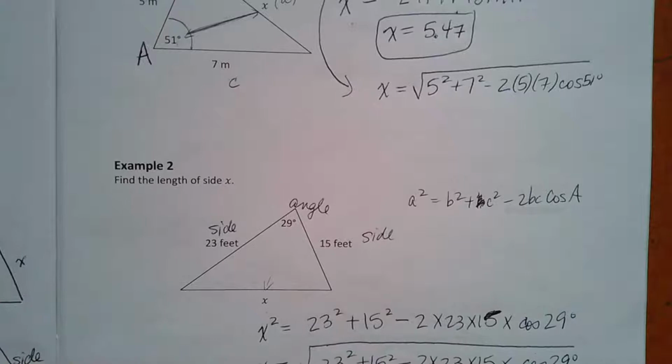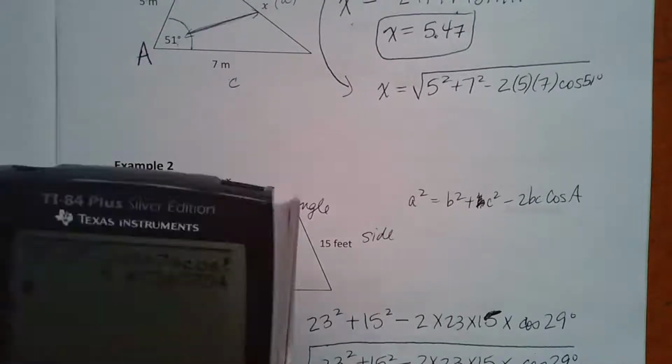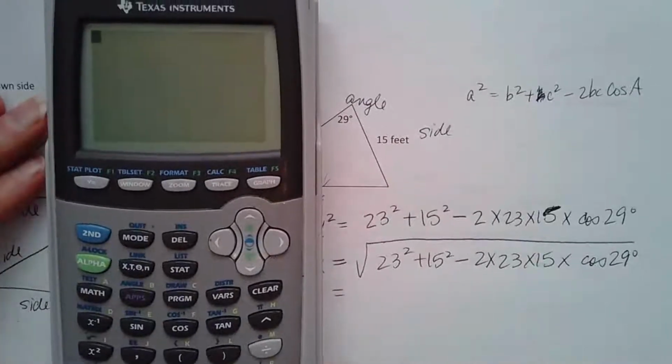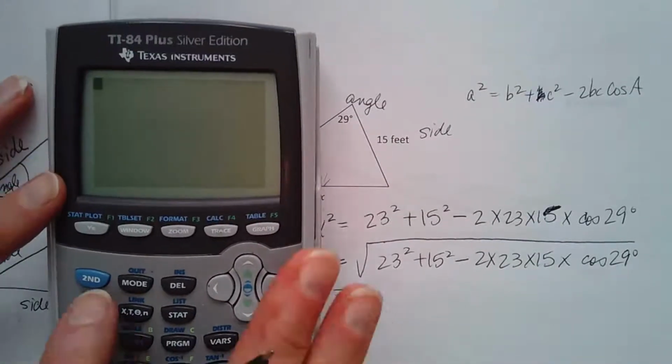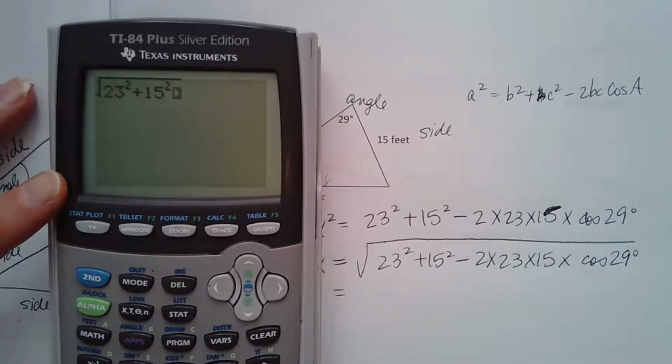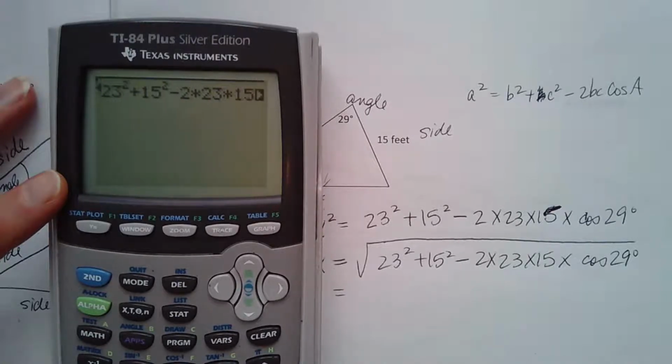Everything gets punched into your calculator. I'm going to clear this out. Okay, square root button, 23 squared plus 15 squared minus 2 times 23 times 15 times cos 29.